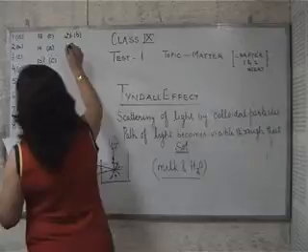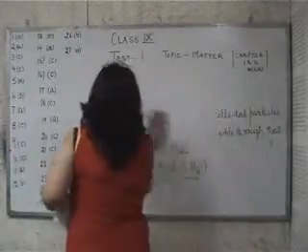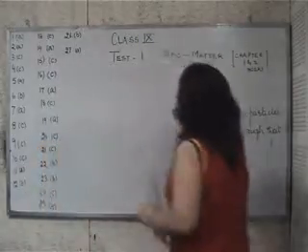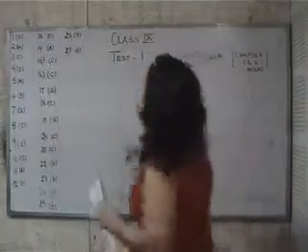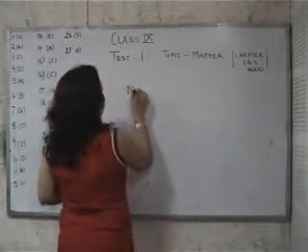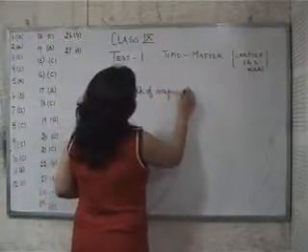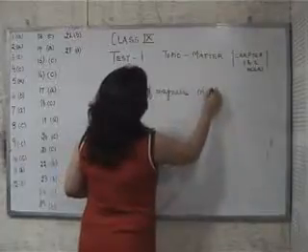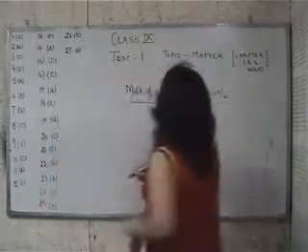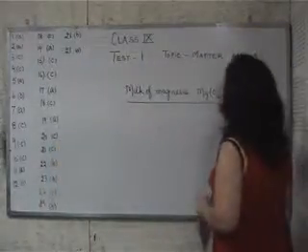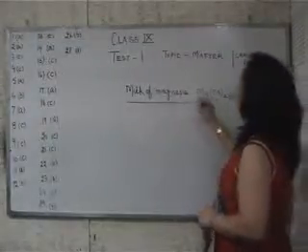When we say milk of magnesia, it is a magnesium hydroxide solution, Mg(OH)2. This aqueous solution, dissolved in water, is called milk of magnesia.